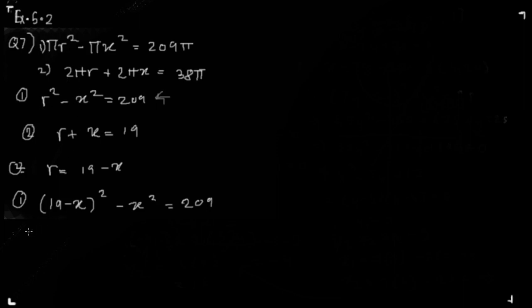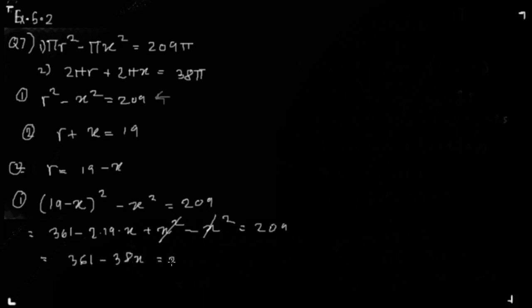Now this is extended to a squared plus 2ab, or a squared minus 2ab plus b squared. So this is just 19 squared, which is 361, minus 2 into 19 into x plus x squared minus x squared equals 209 minus x squared from here. So this and this are cut. So what you get is 361 minus 38x equals 209.